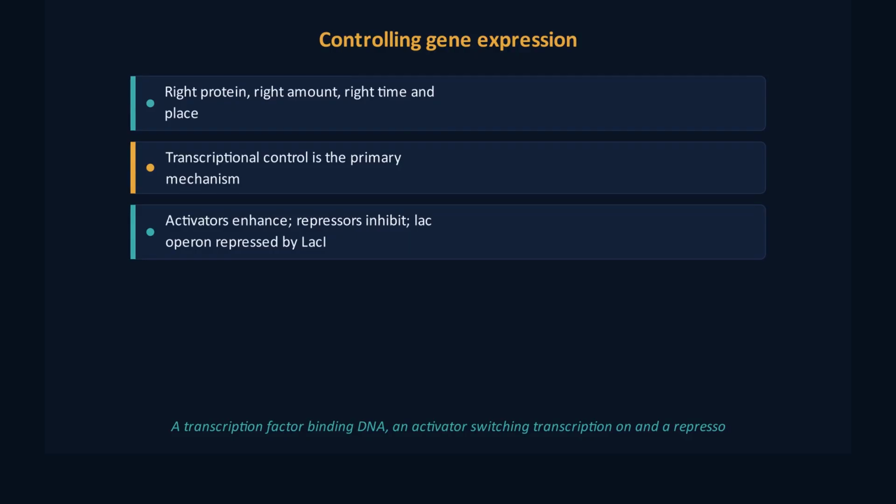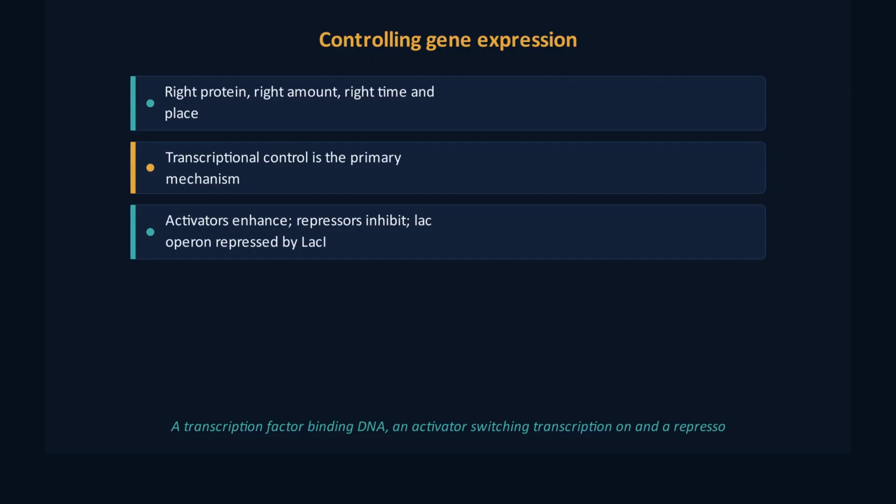Gene expression is tightly controlled so the correct amount of protein is produced at the right time and place, meeting the cell's needs for specific proteins. Crucially, this control can occur at multiple levels. The first and most prominent is transcriptional regulation, the primary mechanism by which gene expression is controlled. It works through transcription factors that bind to DNA and can either enhance or inhibit the start of transcription.